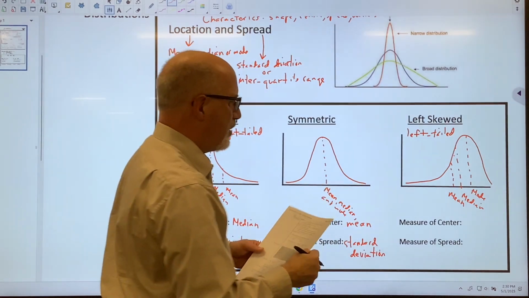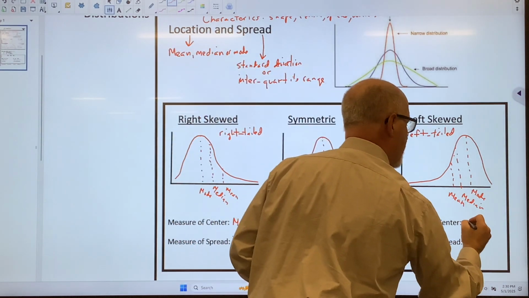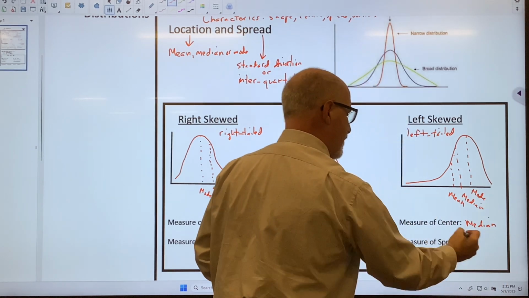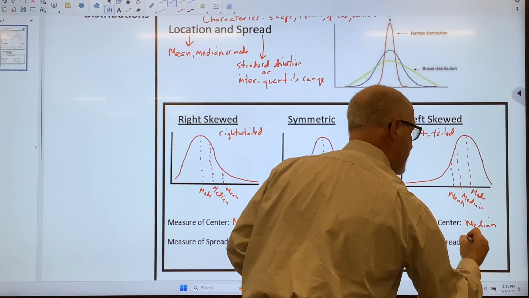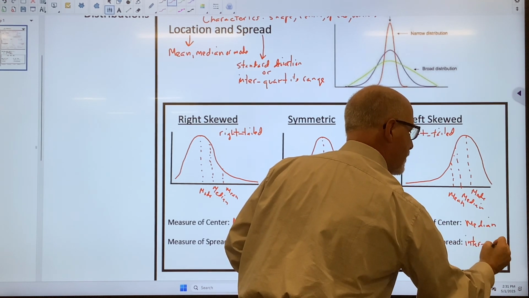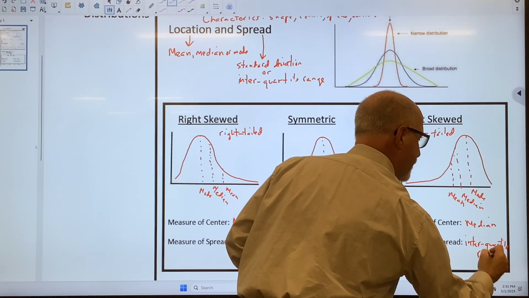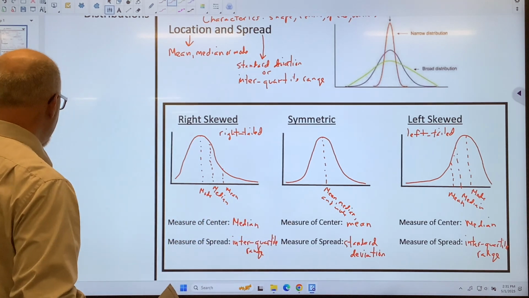All right, so we're going to use the same as we did for the right skewed. For the measure of center we're going to use the median, and then for the measure of spread, we're going to use the interquartile range, to help us understand how wide it gets because of the data.